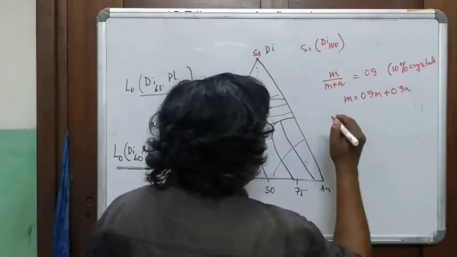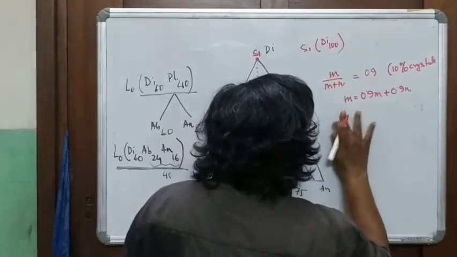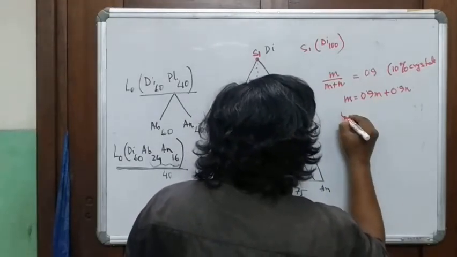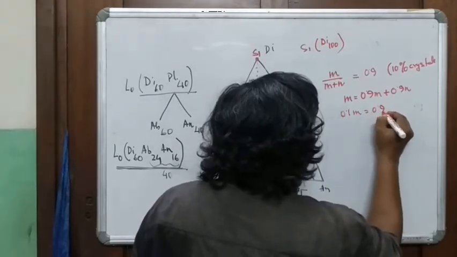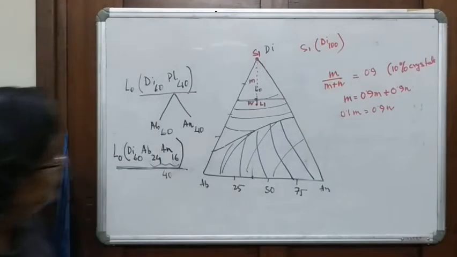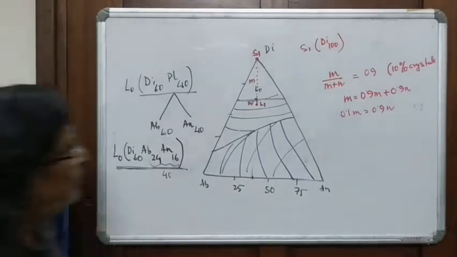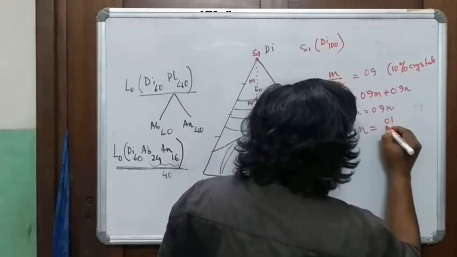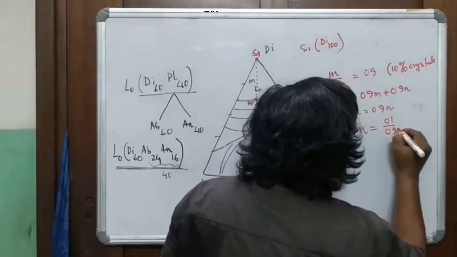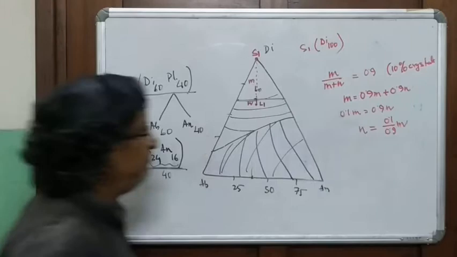I have not changed anything. So now, if I subtract this, 0.1 M is equal to 0.9 N. So N will be equal to 0.1 divided by 0.9 into M.